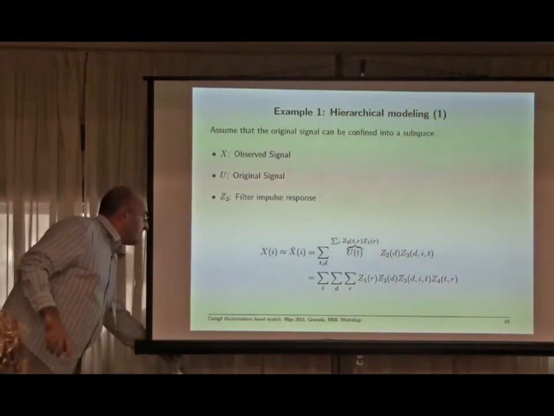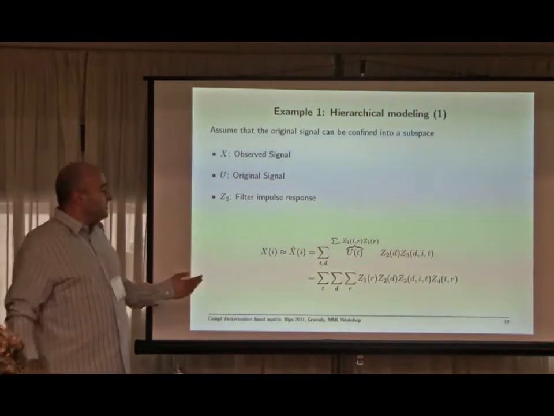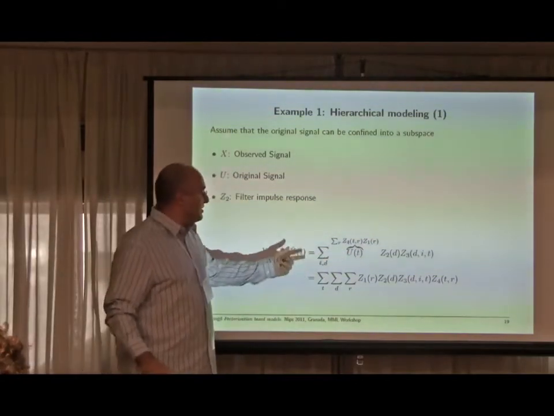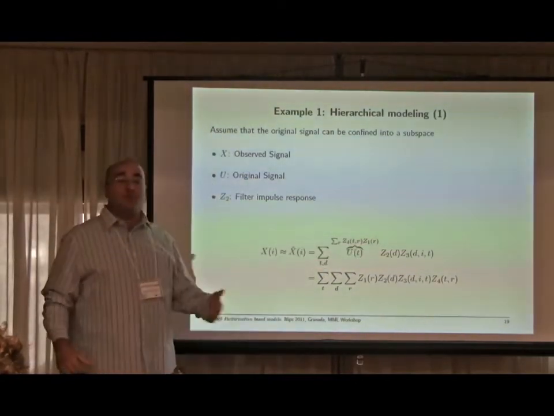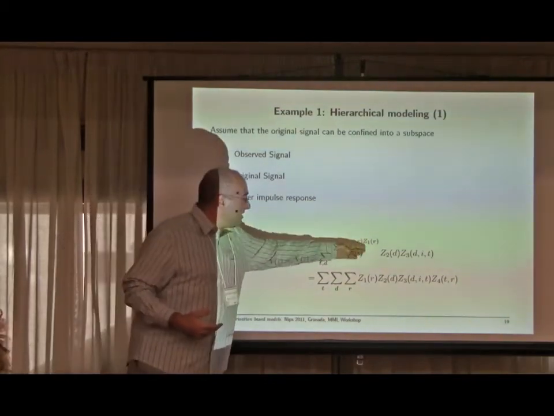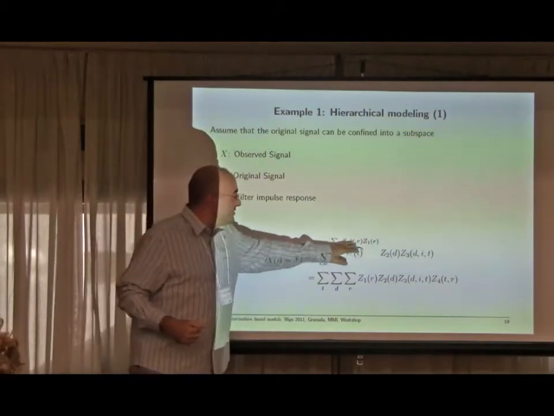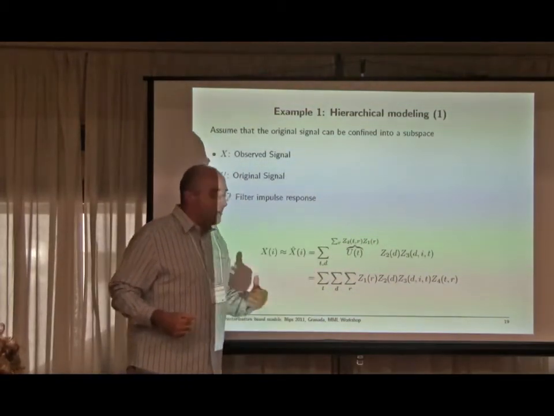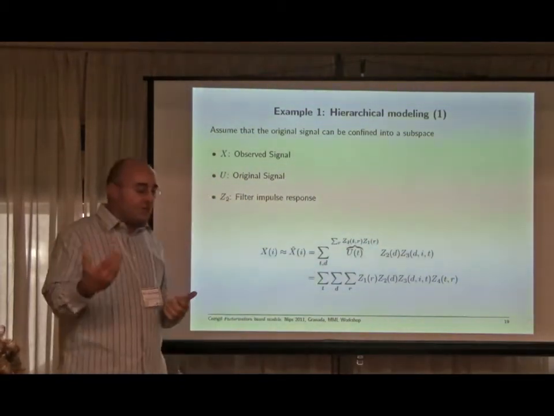Okay, so for instance, this is a typical situation. I denoted the signal that we want. Suppose this signal is living in some kind of subspace. So it's a smoothness constraint that you can fit. And this can be fitted in this framework by just imposing a certain basis and then trying to recover the expansion coefficients in this basis.